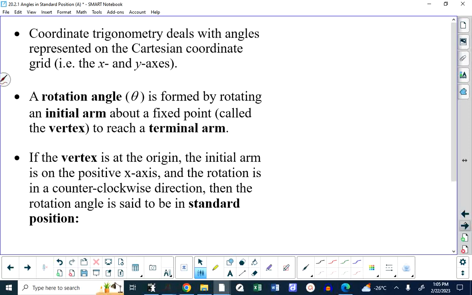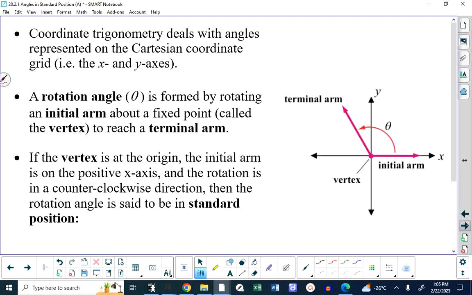If the vertex is at the origin and the initial arm lies along the positive x-axis, then that is called drawing it in standard position. So from now on, anytime I draw an angle in standard position, I always look at the initial arm being on the positive x-axis, and the terminal arm is where it rotates to.